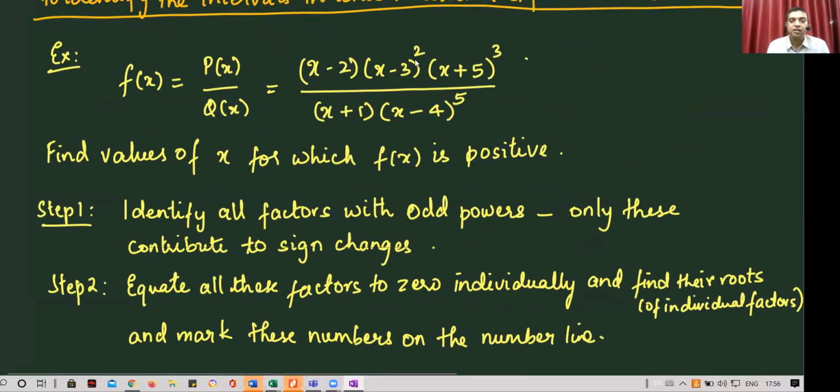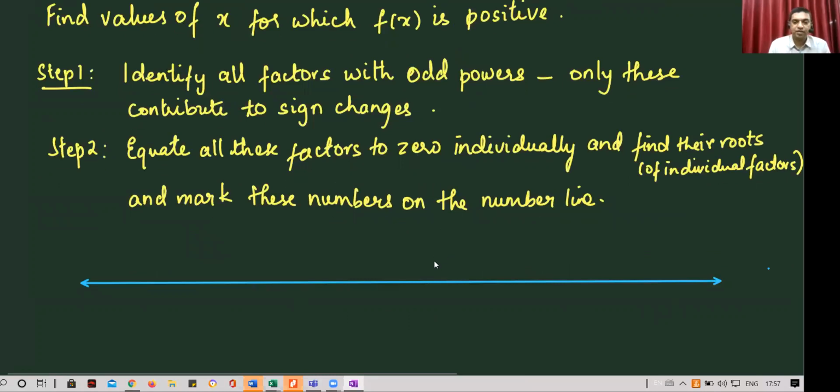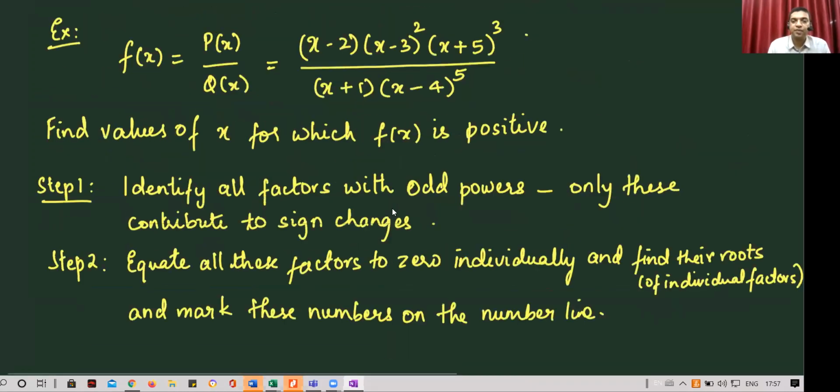Look at this. X minus 3 whole square, you have to omit. All others have positive odd powers. 1, 3, 1, 5. Now equate this to 0. You get x equal to 2. So let's say 0 is here. So x equal to 2 is somewhere here.